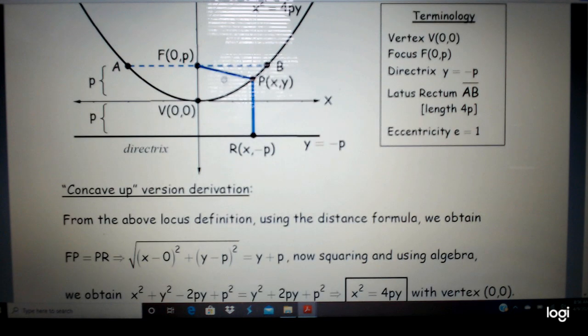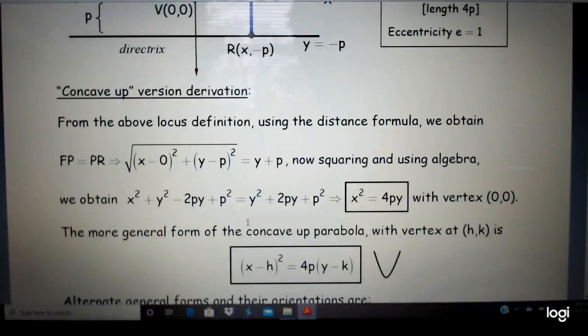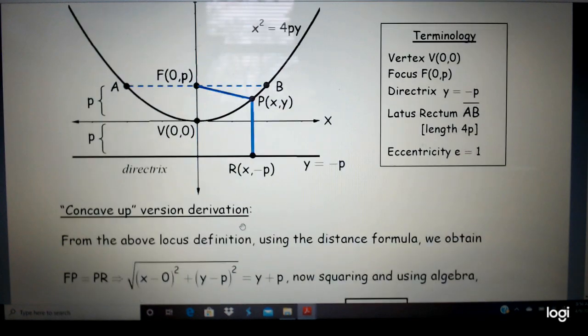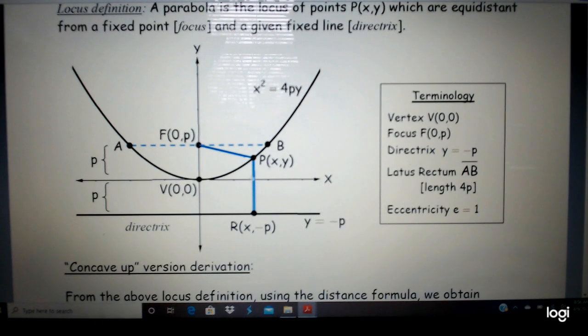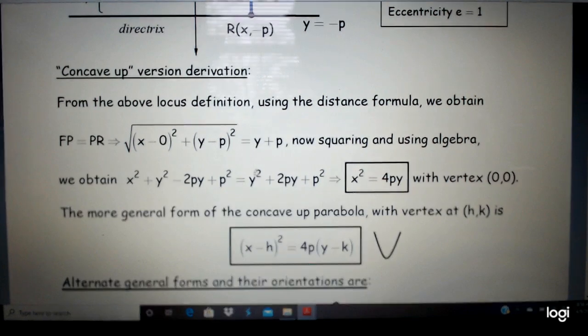So we get that these distances in blue are equal. And of course, we have different views of this. This we'll call the concave up view. Okay, so we put in our formula here, and this is the equation which we're going to solve. And of course, we've got to square both sides.